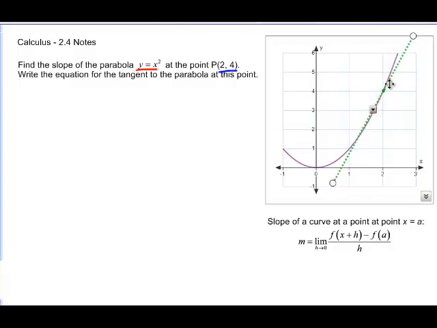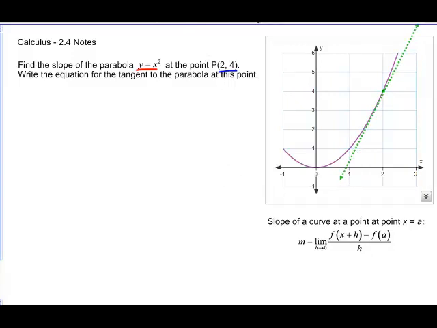See if I can line it up just perfect here. And then we want to know what the equation of that line is. Okay? And so it touches at exactly one point.